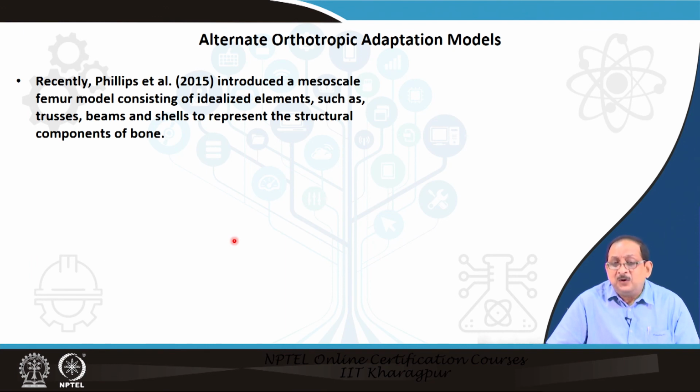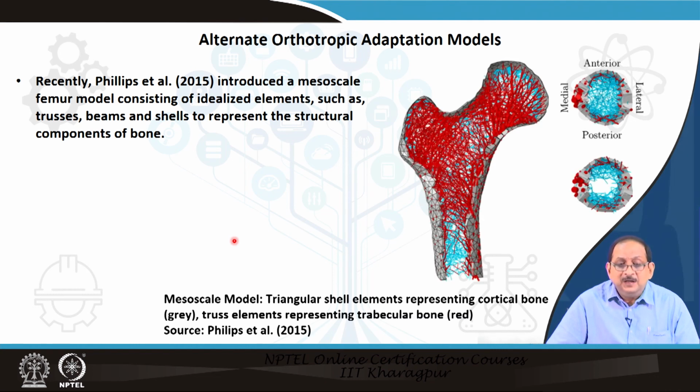This is another alternate orthotropic adaptation model, very recently investigated by Andrew Phillips and his group. They introduced a mesoscale femur model consisting of idealized elements such as trusses, beams, shells to represent the structural components of the bone, as shown in the figure clearly here in different views.